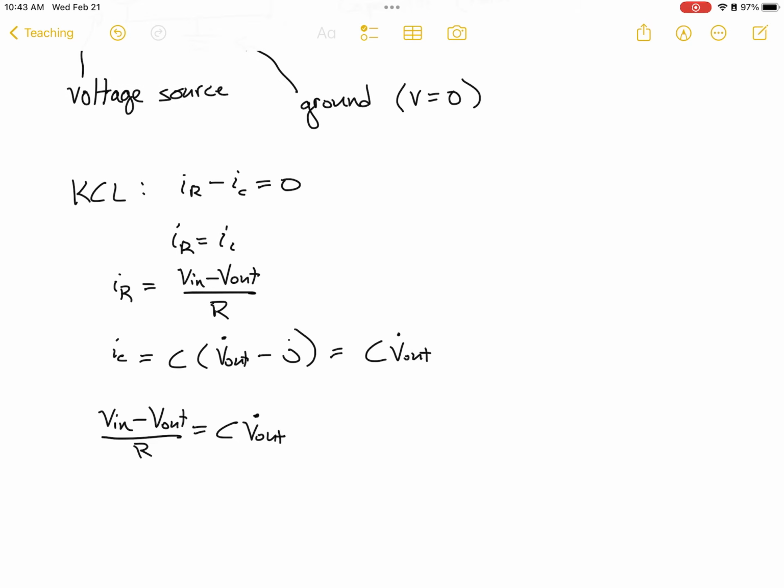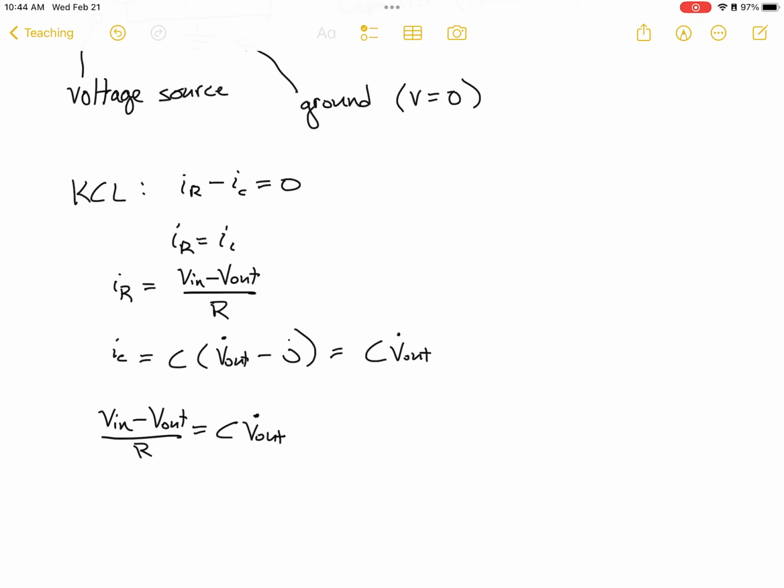And in this case, V in is serving as an input, an inhomogeneous term, and V out is our variable of interest, our dependent variable. So what I'm going to do is move all of the V outs to the left-hand side of the equation, and the V in to the right-hand side of the equation.